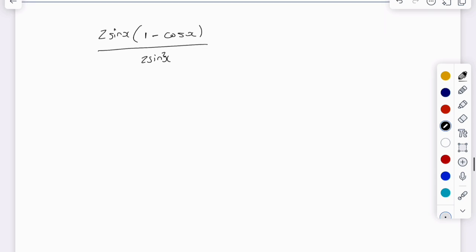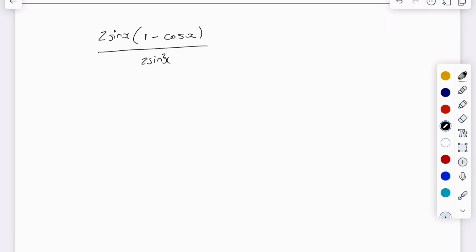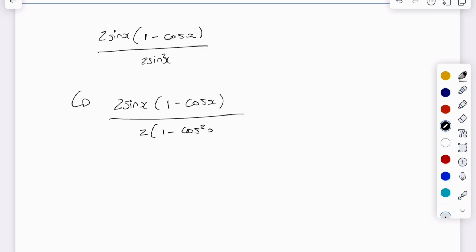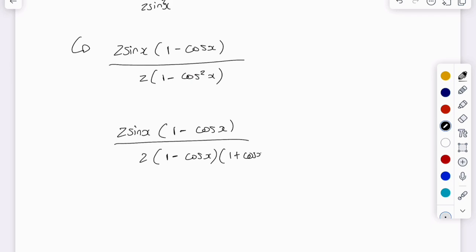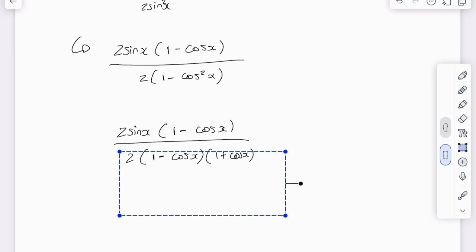And from there we can say, well, what is 1 minus sine squared x equal to? Well, we get 2 sine x over 1 minus cos x, over 1 minus cos squared x, right? So we then get 2 sine x over 1 minus cos x, over (1 minus cos x)(1 plus cos x), right?